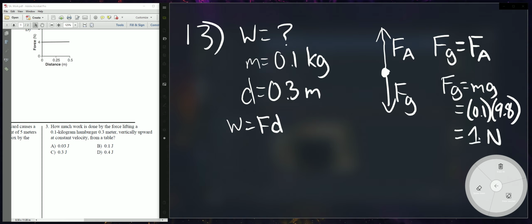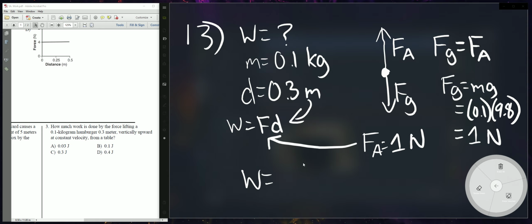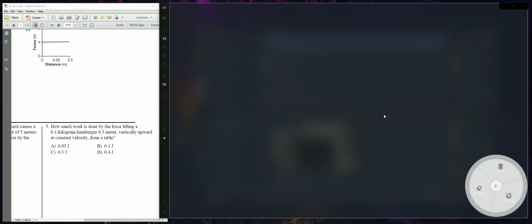If Fg is 1, and Fg is Fa, then Fa is 1 as well. Now we can solve for work, because we have d and we have force. What's 1 times 0.3? It's 0.3 joules. And so the answer is going to be C.